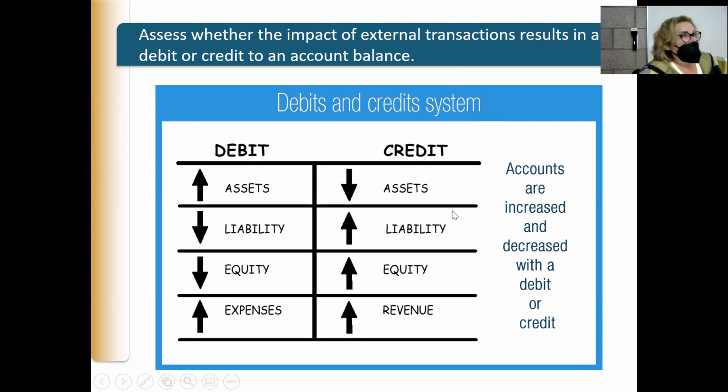All debit means is left. All credit means is right, period. Now, some accounts increase when you debit them. Some accounts increase when you credit them. Some accounts decrease when you debit them. And some accounts decrease when you credit them. But debit means left and credit means right, and that's it, okay?